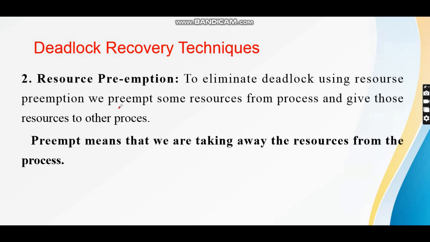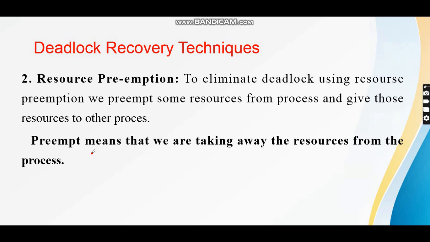Next, resource preemption. To eliminate deadlock using resource preemption, we preempt some resources from a process and give those resources to other processes. Okay? Now, what is the meaning of preemption? Preempt means that we are taking away the resources from the process.